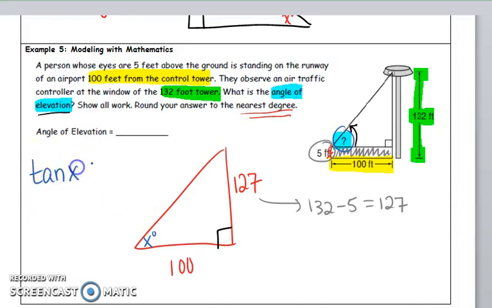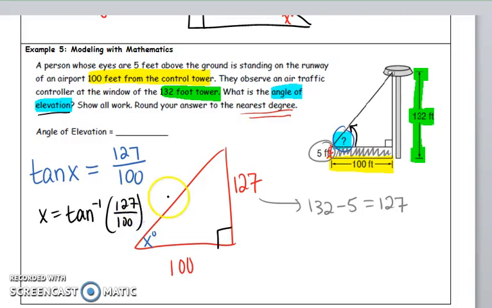So this means tangent of angle x equals opposite over adjacent. So this is the trig ratio setup. And then to solve, you just take the inverse tangent of both sides. So x is going to be the inverse tangent of whatever 127 divided by 100 is.